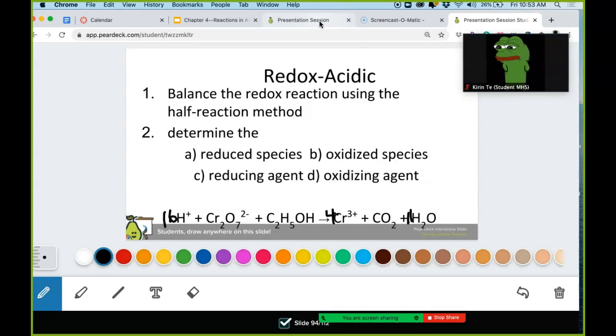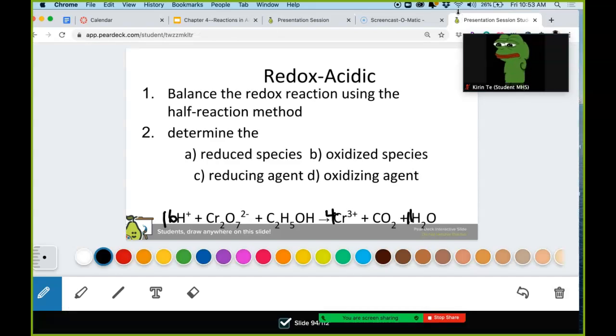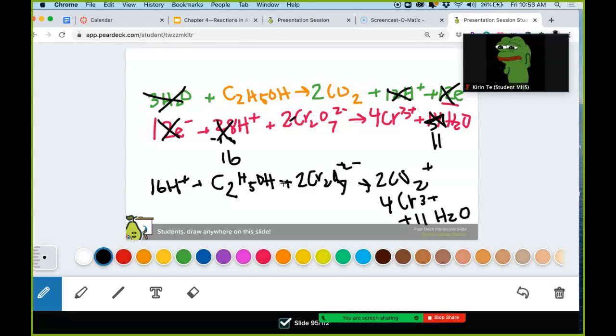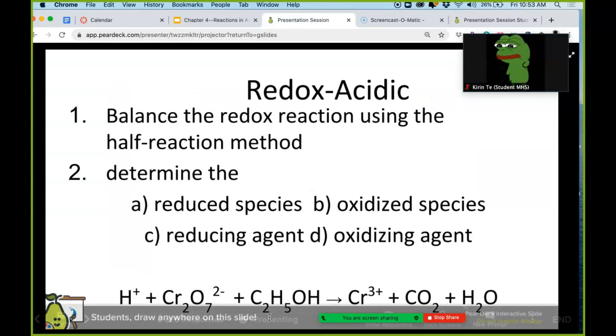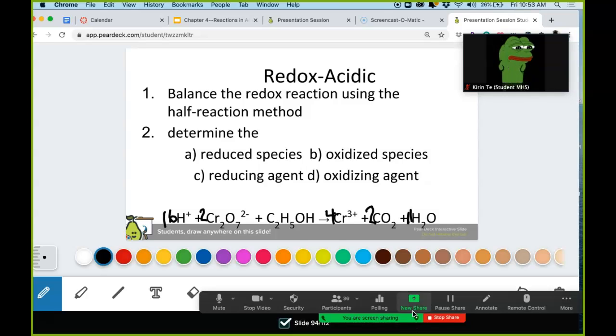Oh shoot, I forgot what they all were. 2 dichromates, 2 of these guys, and 2 carbon dioxides. So this is your balanced redox reaction. Whew, how are we feeling?